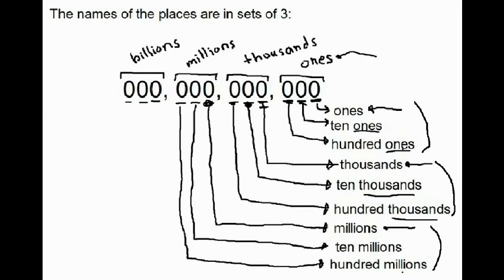But to save a little bit of time and space and effort, mathematicians thought, well, let's not bother calling it 10 ones and 100 ones. Since it's the first set of these values, let's just shorten that a little bit, and instead of calling it 10 ones, let's just call it tens. And similarly, instead of calling it 100 ones, since it's the first in the set of this pattern here, let's just call it hundreds.